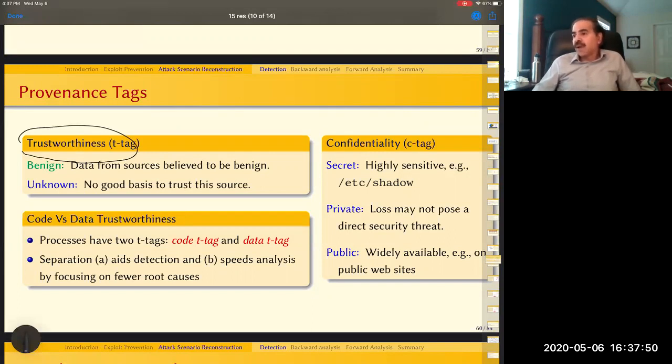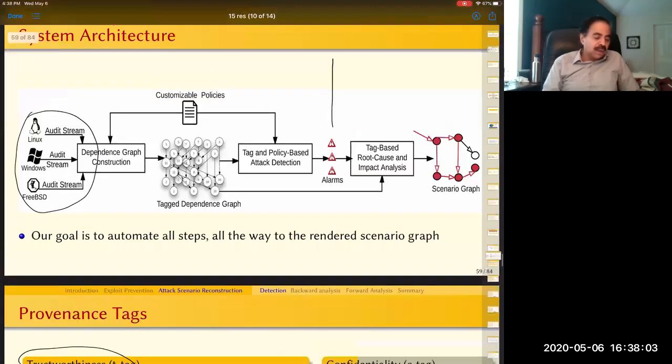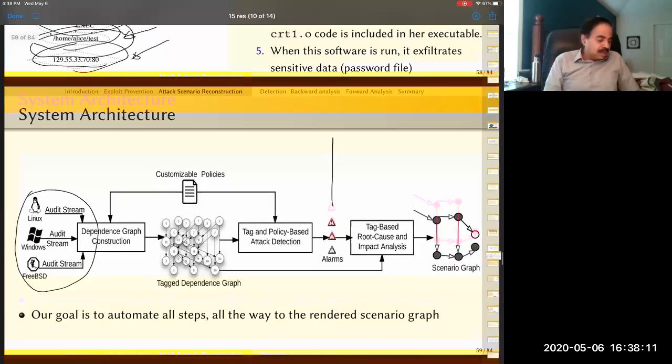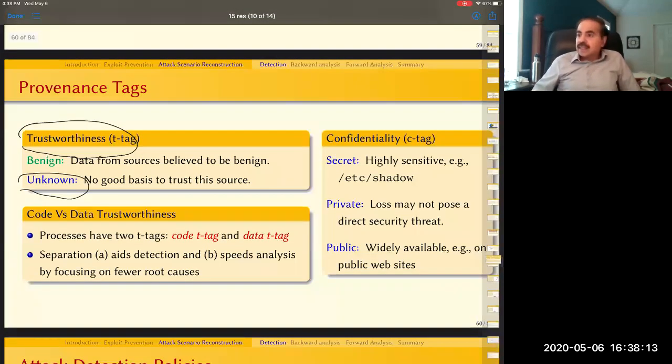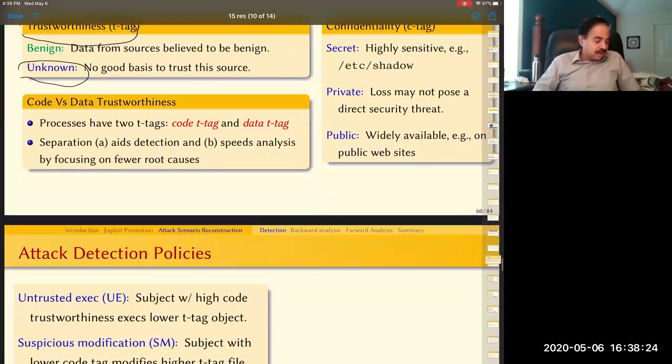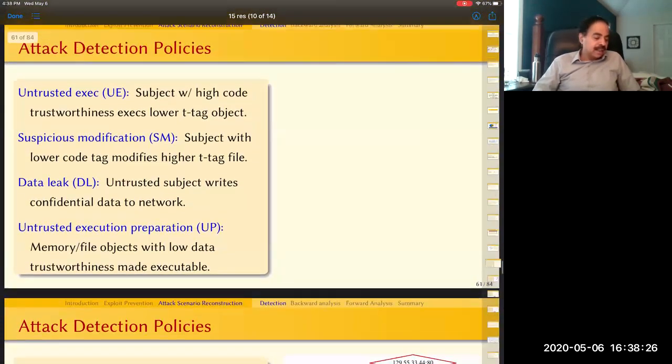So code that's coming from, say, your vendor would be something that you would treat as trustworthy, but anything that you download from an unknown website such as this would be considered untrusted. And the idea is to follow how this data that you download from unknown places is used. If it is ever used as code, then that tells you that there is potentially a problem, because it could be malware, and then you could be getting compromised.